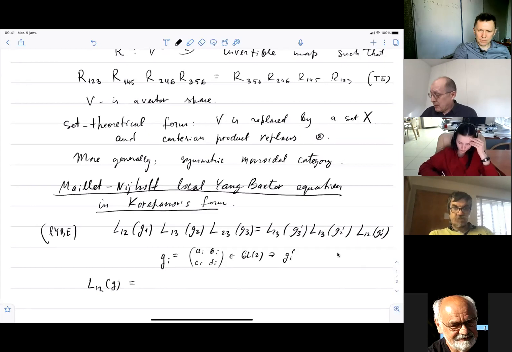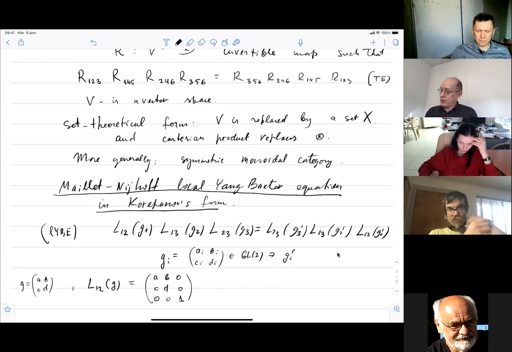G is the 2 by 2 matrix A, B, C, D. And then L12 of G is, we write 1 block A, B, C, D, and then we complete it to a 3 by 3 matrix by adding zeros and ones like this.